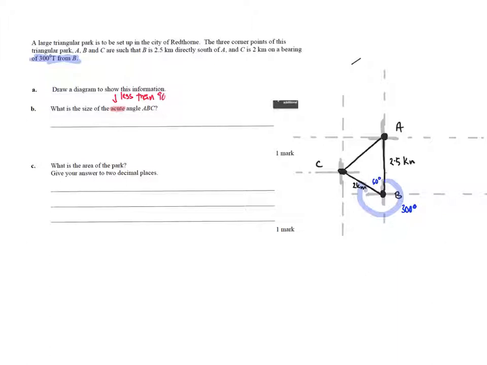So what's the size of the acute angle ABC? When they say that, they merely mean the one at B, which I already put down in my diagram when I was working things out. So that's good for me. I've already got that answer. Okay? So what's the size? You can just say angle ABC equals 60 degrees.